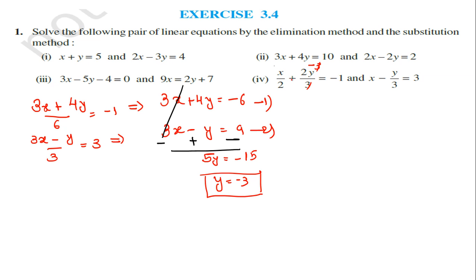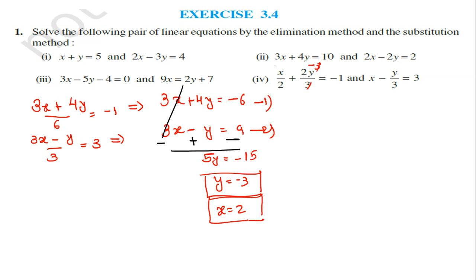It is not plus 2, because this is minus 1 into 2, so that is minus 2. That will come to this side, so minus 1 plus 2, that is plus 1. And the denominator will multiply with 1, so 2 ones are 2. So x is equal to 2 will come.